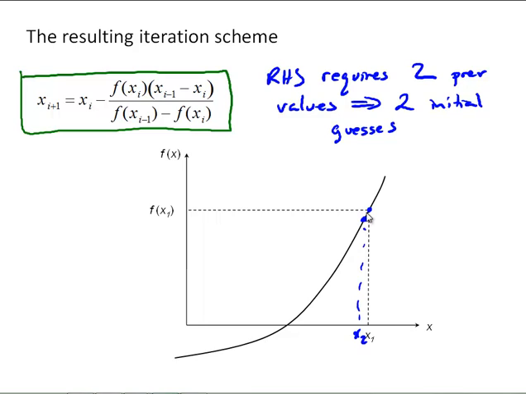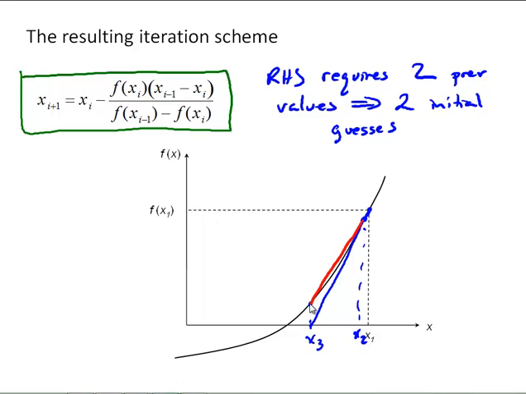And so we'll use those two to calculate the slope, and just like before, we'll use that calculation now to come down and get some x3 and go up to a function evaluation at x3. Now, for our function evaluation at x3, what we're going to do is still use these two points.